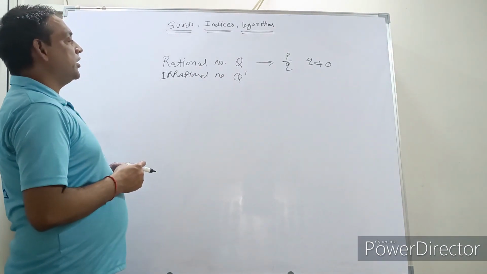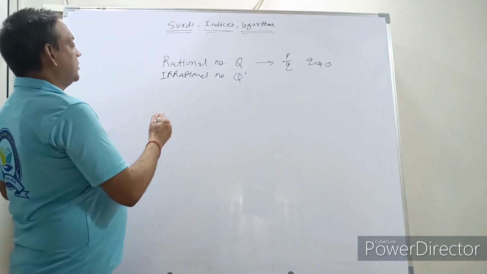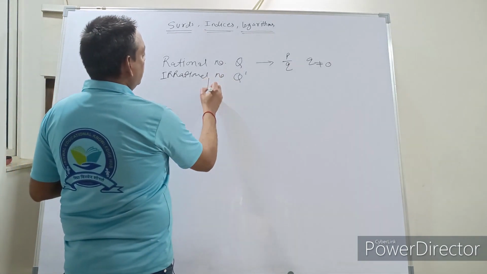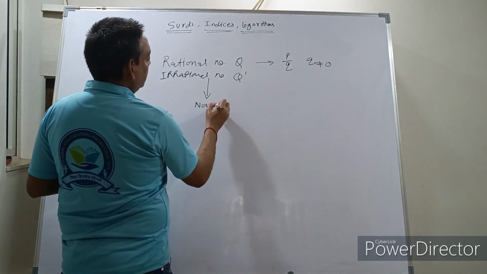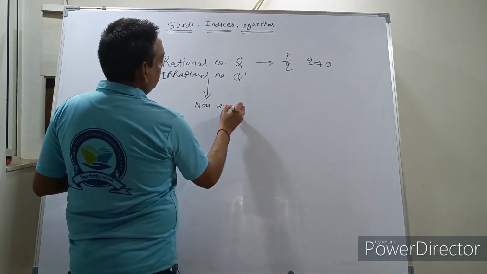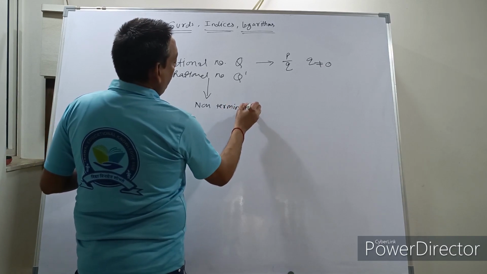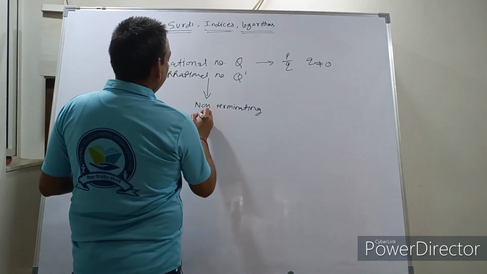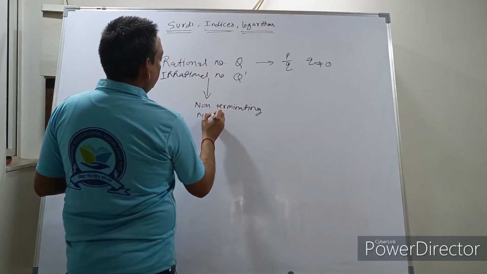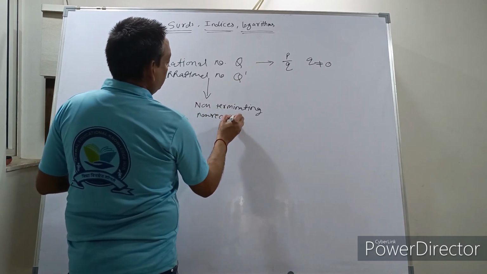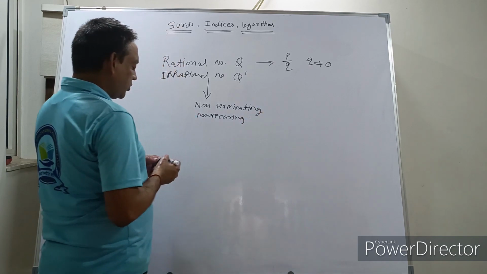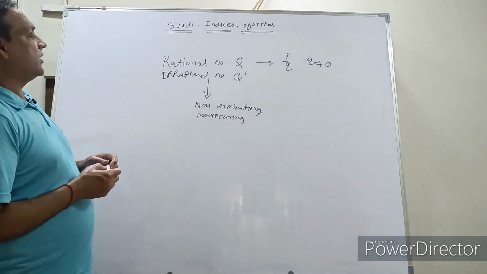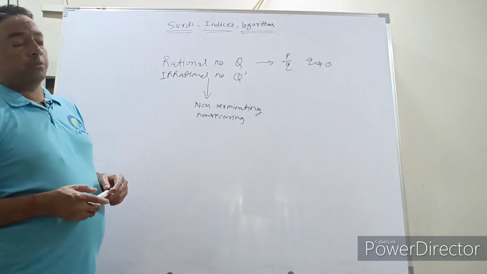For an irrational number, it is non-terminating and non-recurring. Whenever both these conditions are there, then only we get an irrational number.